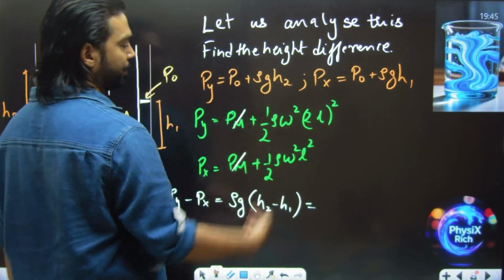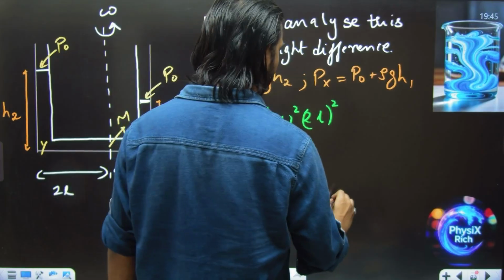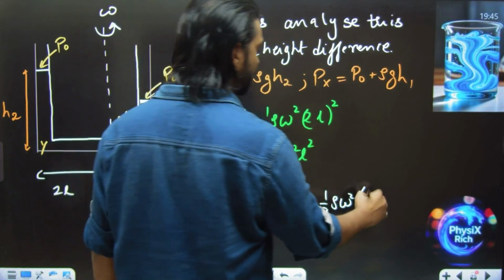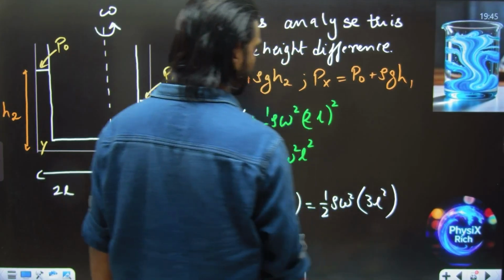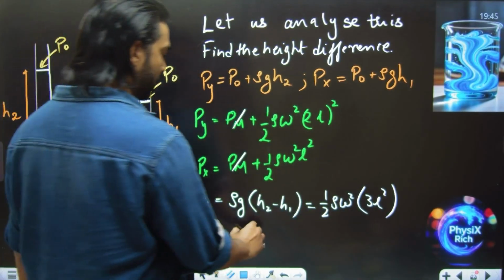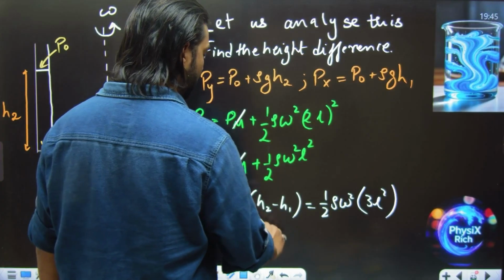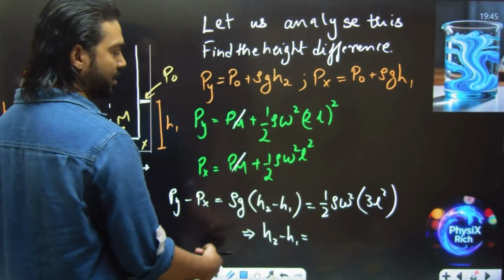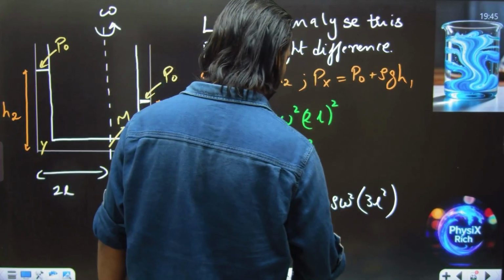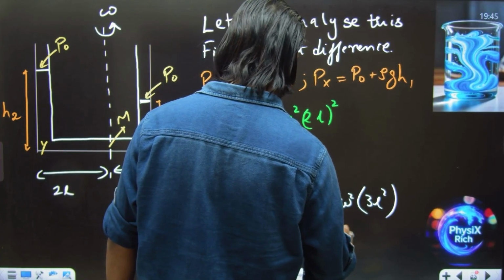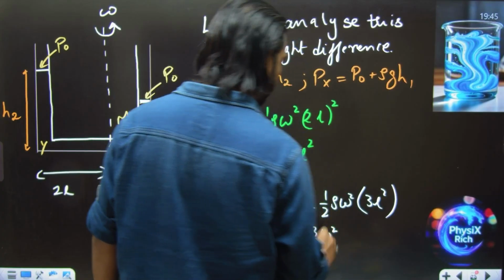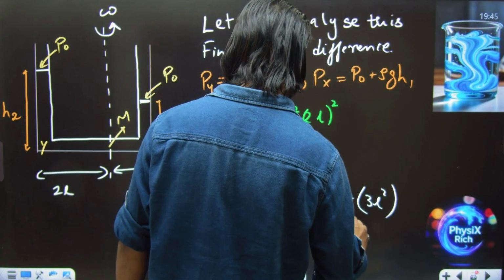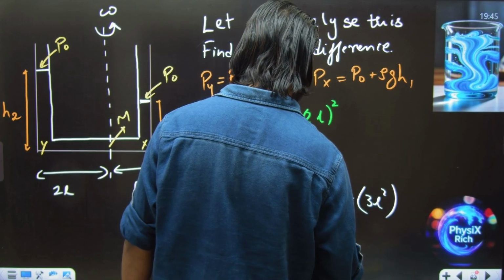So this will be half rho omega square. Now see, this is 4L square, this is L square. This is going to be 3L square, correct? From here, we can find out H2 minus H1 simply comes out to be, see, the rho gets cancelled, so this is omega square times 3 L square upon g.